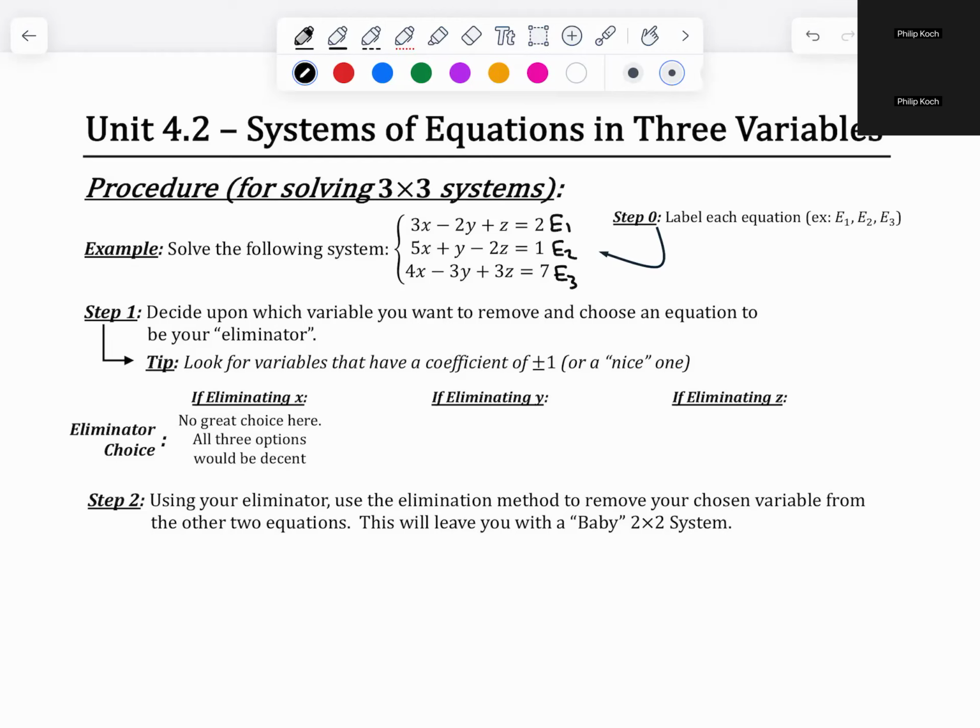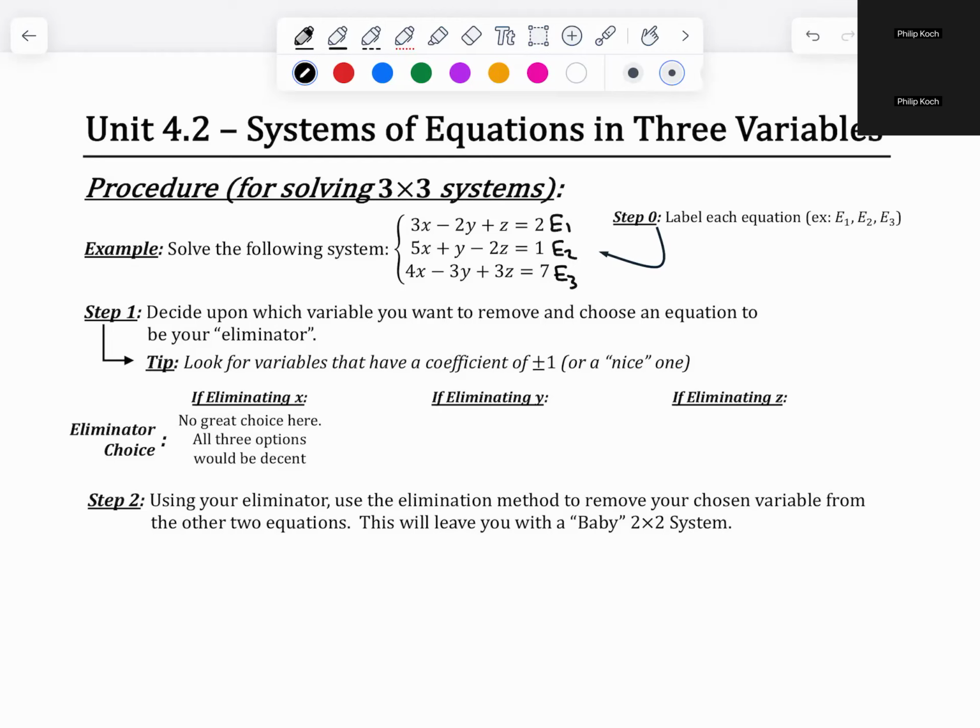So if you wanted to eliminate x, look at all the coefficients on the x's: 3, 5, and 4. There's nothing really in common. There's no specific equation in there that is a multiple or a factor of the other two. So eliminating x, you could use any of them, and it would work out. It just would take longer.